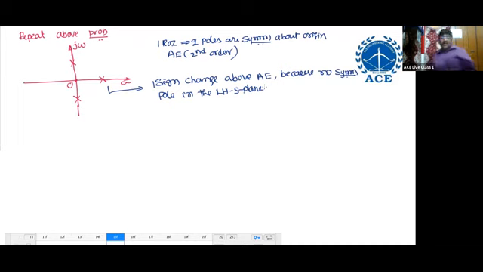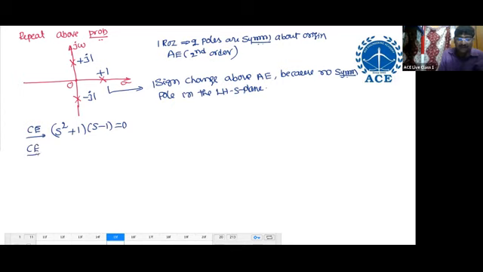That's all. Now if you have any doubt, take plus j1, minus j1, plus 1. Write the characteristic equation. S square plus 1 for imaginary poles, s minus 1 for real poles. So the characteristic equation is s cube minus s square plus s minus 1 equal to 0.